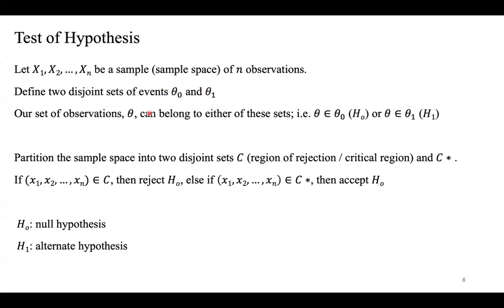We are defining two disjoint sets, two events, theta naught and theta 1. Whatever you observe can belong to either of two possible options. It may be event theta naught or it may be theta 1. Typically, what you are calling theta naught is your H naught, or the null hypothesis.